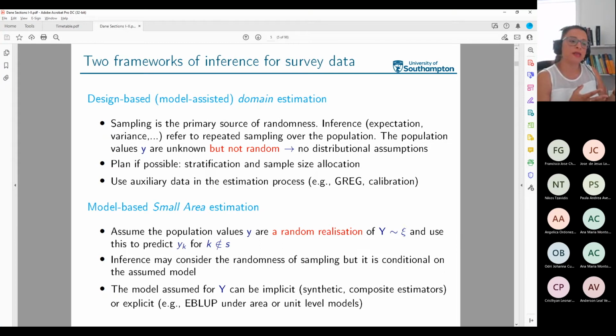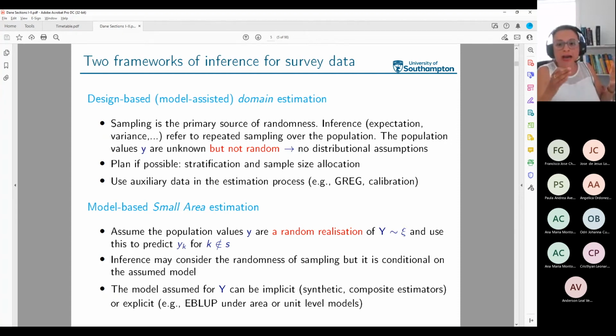Design-based estimation basically assumes that the universe is given. Let's say Colombia has a certain population. Each person that lives in Colombia has a set of variables, like a vector. If you were able to do a census, then you would have all the information that you need, and there would not be any need for any sort of statistical inference. That is what design-based estimation assumes.